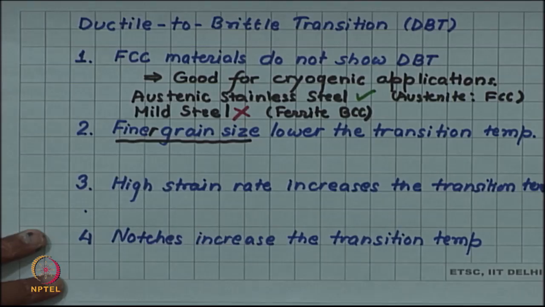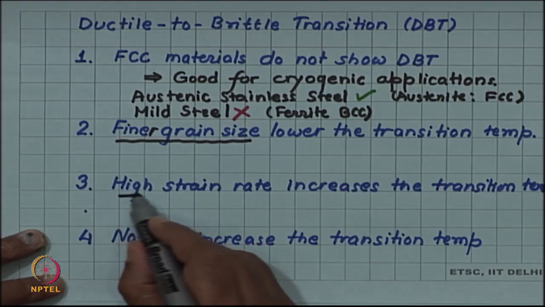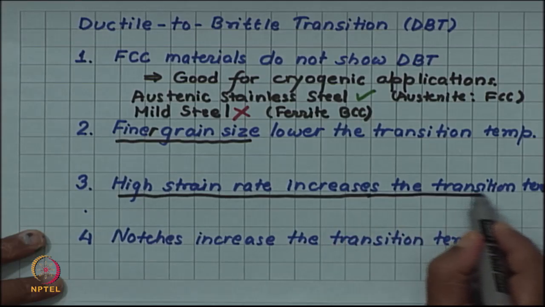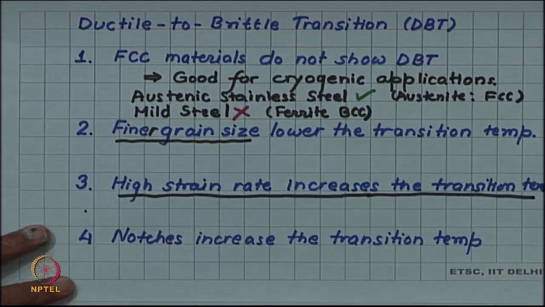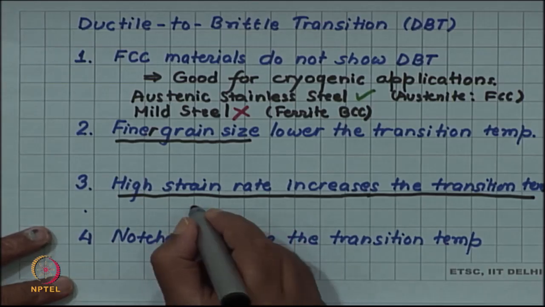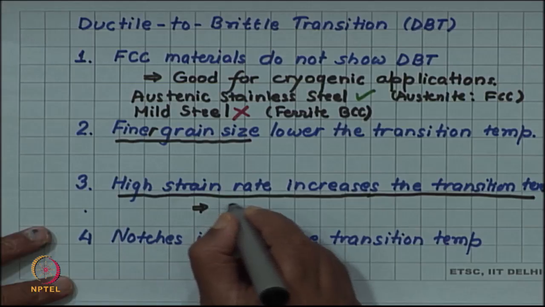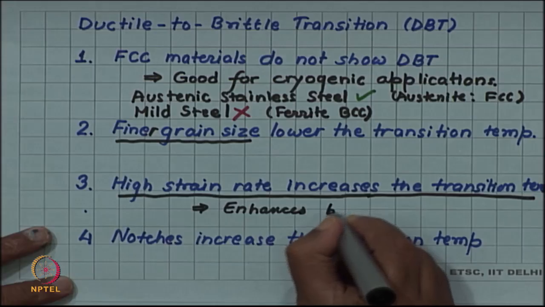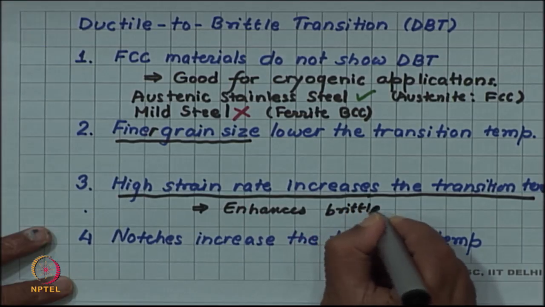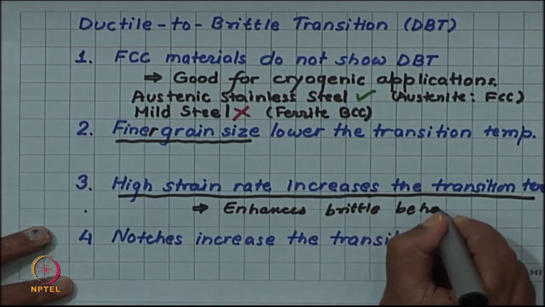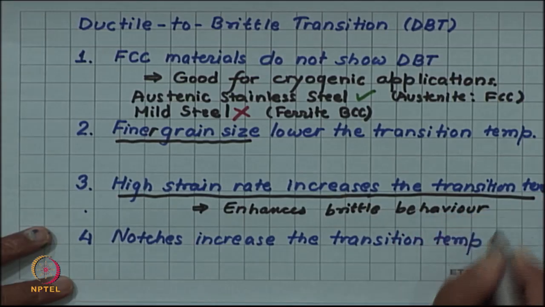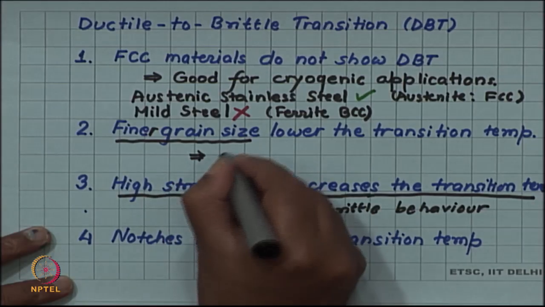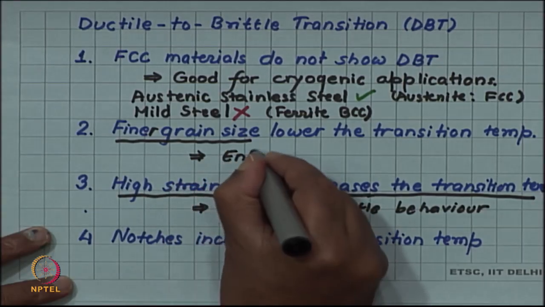So, material with fine grain size is a good thing from the ductile to brittle transition point of view. Then high strain rate increases the transition temperature, which means it increases the brittleness. So, high strain rate enhances brittle behavior. In a similar vein, if we go back, we write here that this enhances ductile behavior.